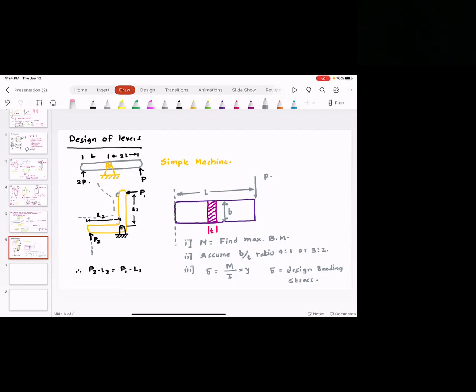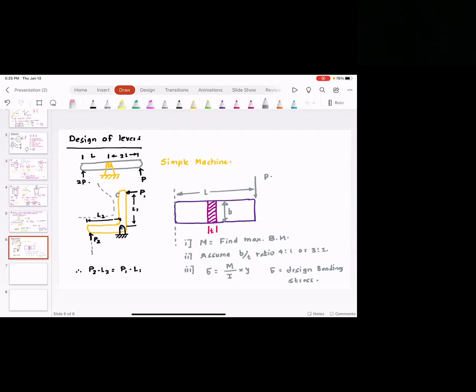Have you done lever design as part of EGR444? No? Okay. So what is the difference between the mechanics of material and engineering design, or the mechanical engineering systems?